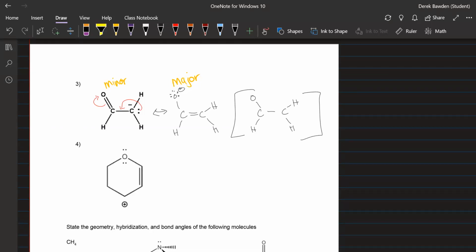Least number of lone pairs on oxygen? 2 sets of lone pairs is our least number. Okay. We'll do our partial double bond there, partial double bond there. We have a partial negative, partial negative. Okay. Any questions on that one?